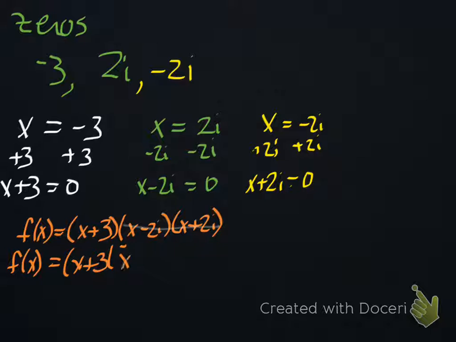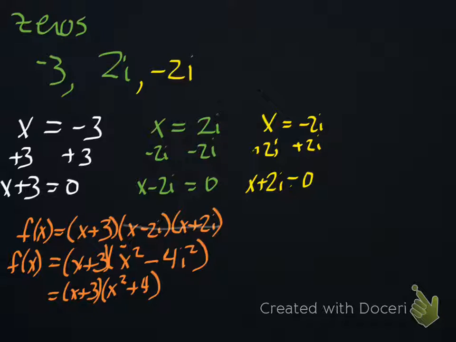It's going to square the first, so x squared, minus 4i squared. What's i squared? I times i is -1. So this is x plus 3 times x squared plus 4.